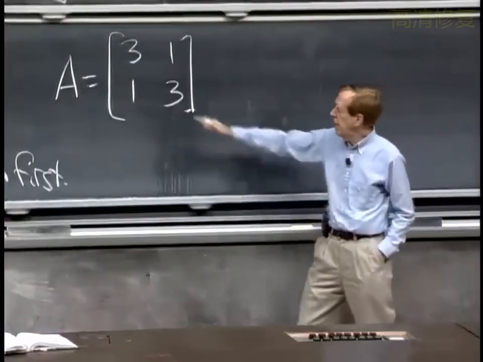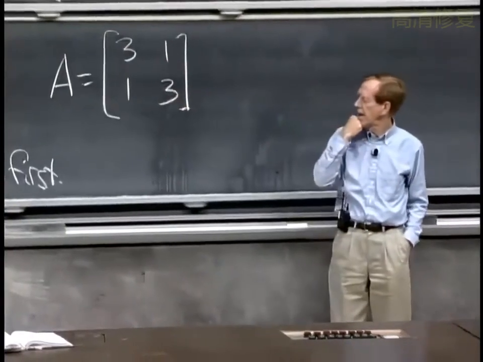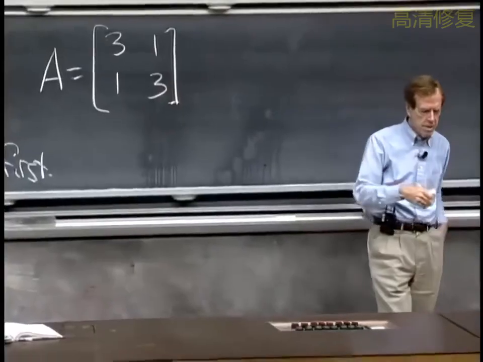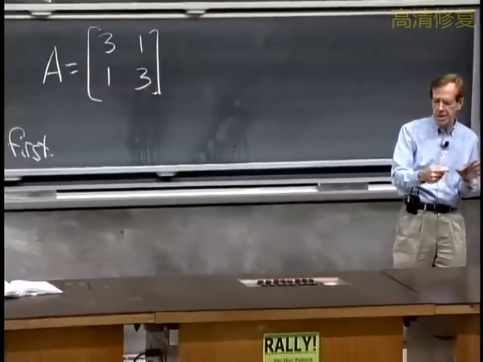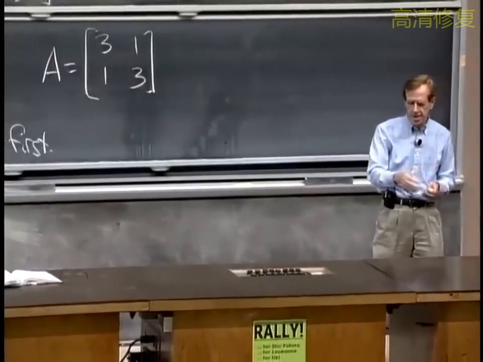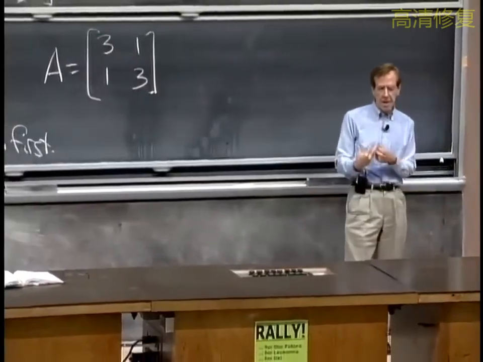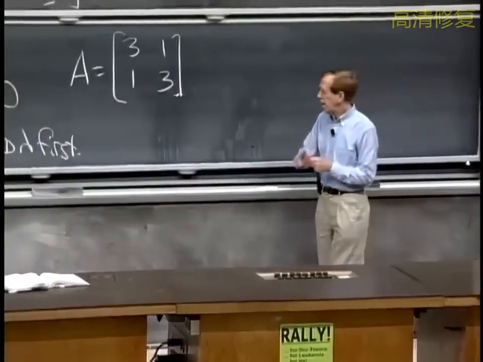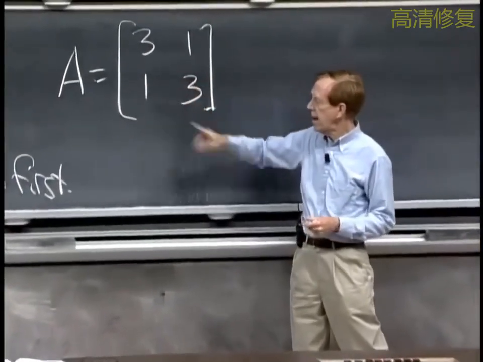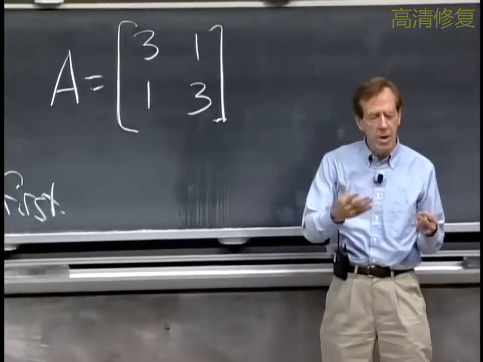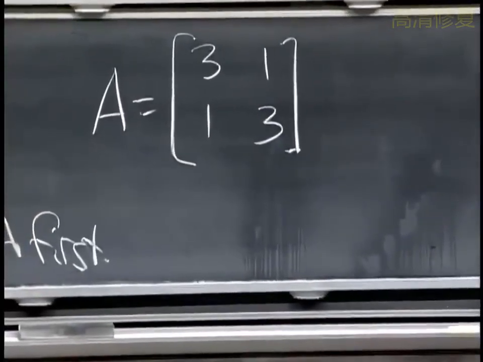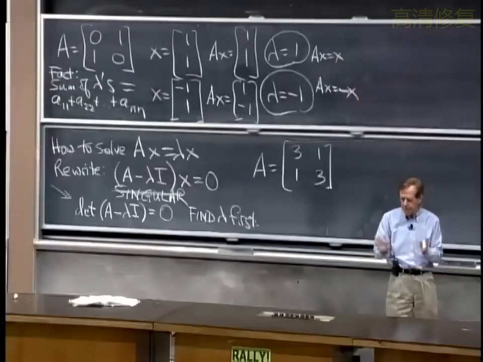And I even made it constant down the diagonal. The more special properties I stick into the matrix, the more special outcome I get for the eigenvalues. For example, this symmetric matrix, I know that it'll come out with real eigenvalues. The eigenvalues will turn out to be nice real numbers.